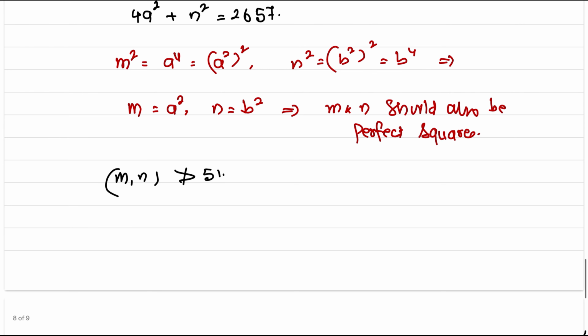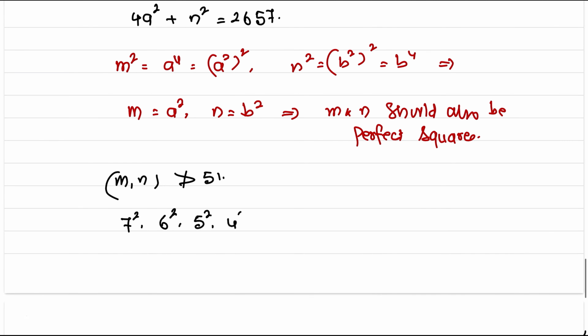One is 7 square, that is 49. Another is 6 square, that is 36, because 8 square is more than 64. Another is 5 square, that is 25. Another is 4 square, that is 16. Another is 3 square, another is 2 square and 1 square.